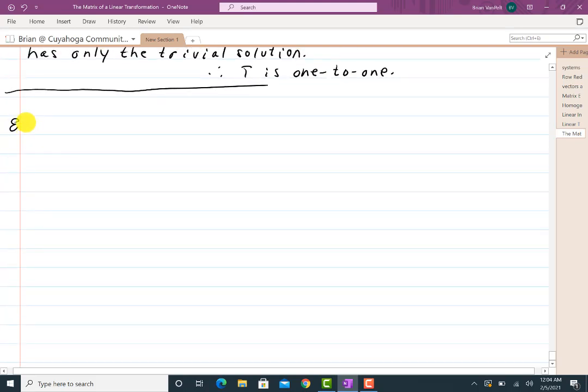Final example. Suppose T from Rn into Rm is a linear transformation. 1.